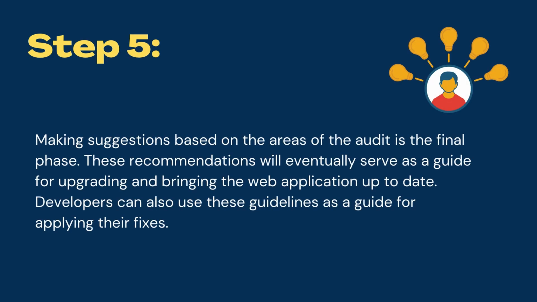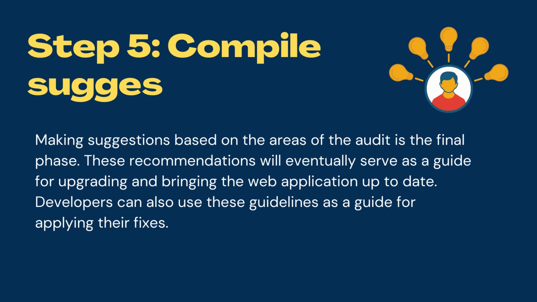Next will be step 5, which will be compile suggestions, and this will be the last step for security audit of web applications. For example, when we run a security scan in step 4, we will get all those faults and problems.